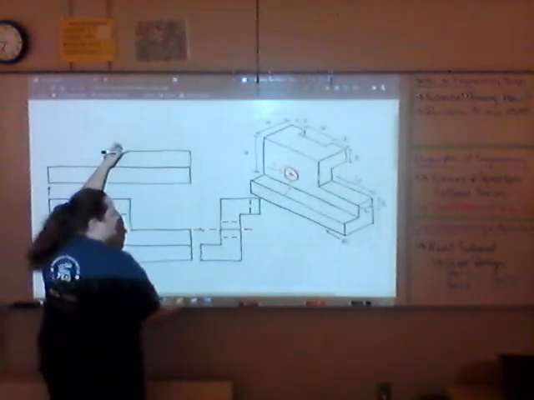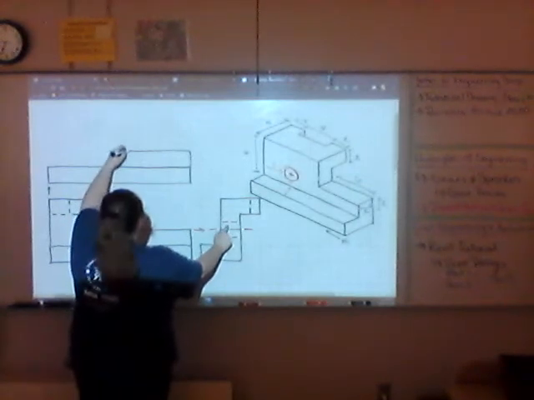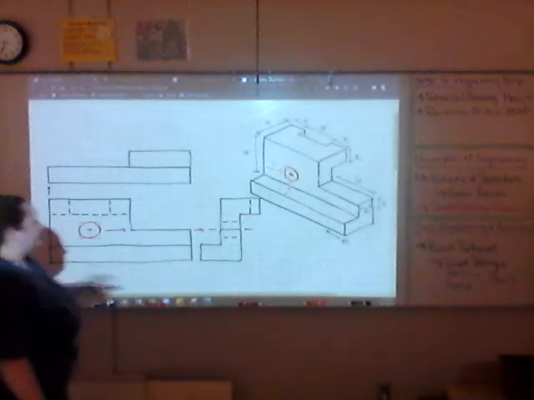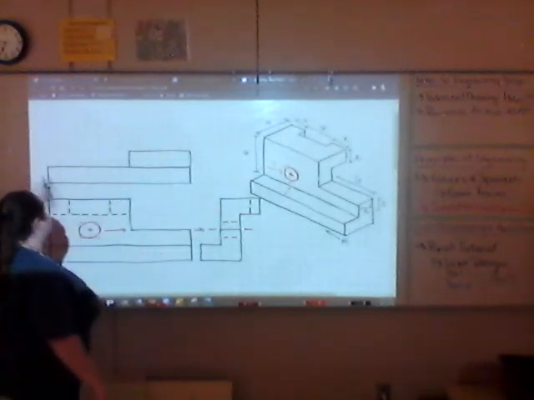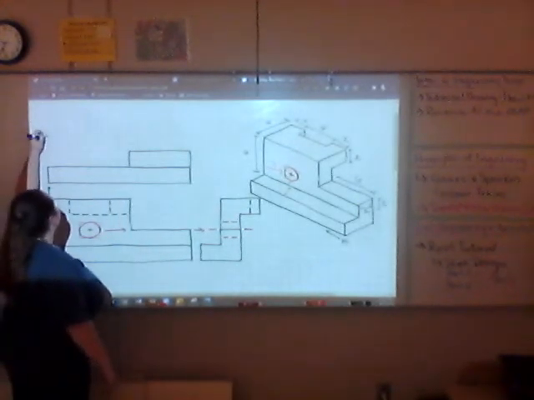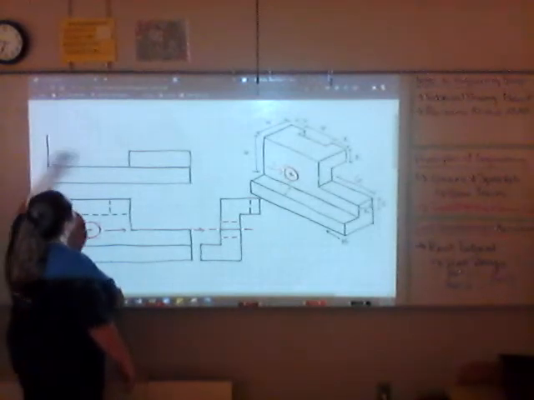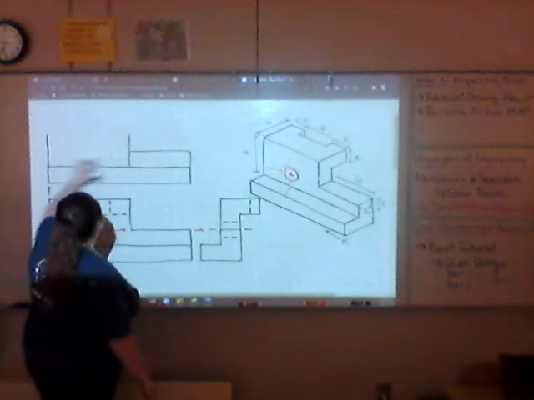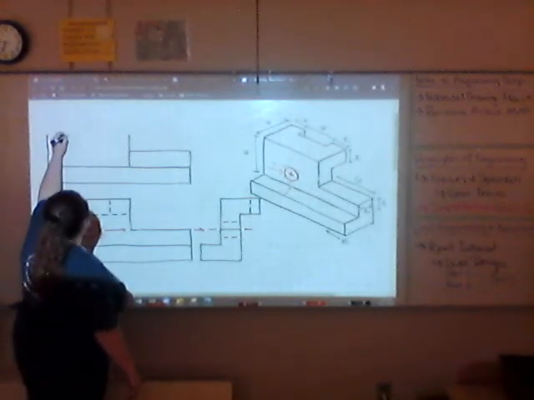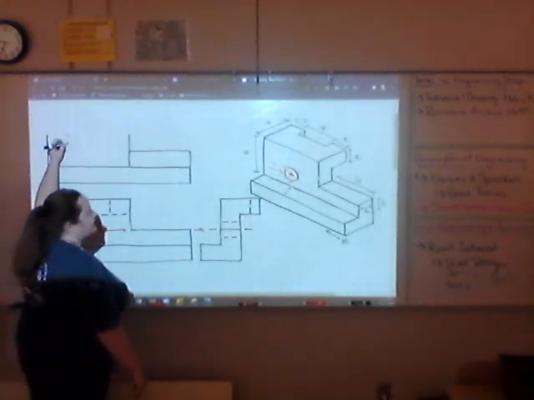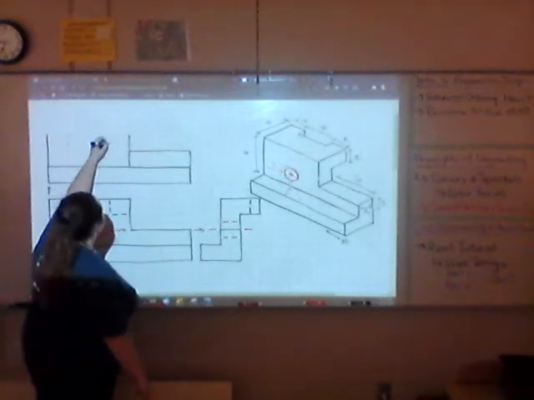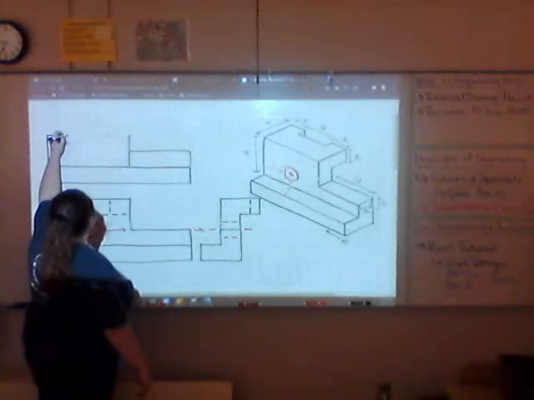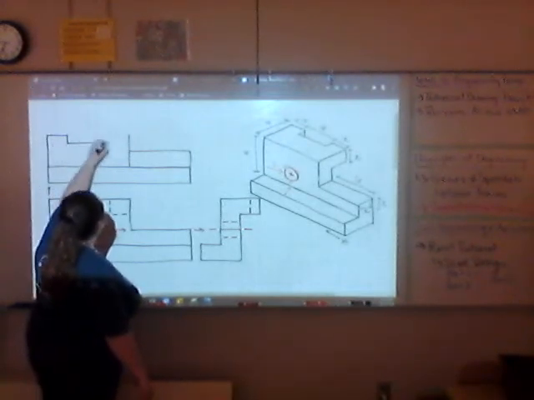Okay. And we know that that comes all the way to the front there. So then we just have to account for this 4, which is all on the right-hand side, going back 4 here. And we add 2 over here to create 4 all the way across here. Then we go over 2, down 1 to create that inside notch, over 4, and then up 1 again. So we're going to see something like this.